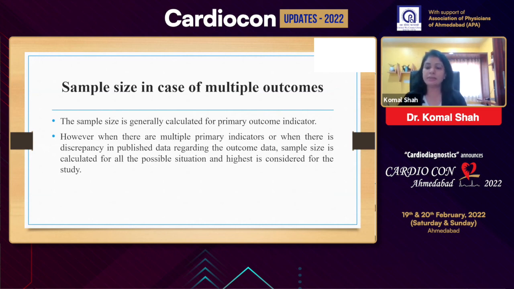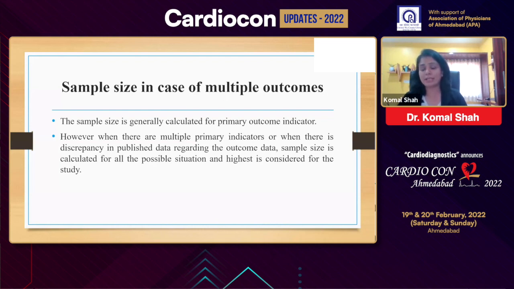And there are cases where the primary outcome related information is quite contradictory in the published literature. So I might not have 2.9 and 5.4 as the only percentages available, and I might need to calculate the sample size for many other percentages or other outcome related findings also. In that case, there is always a way out.